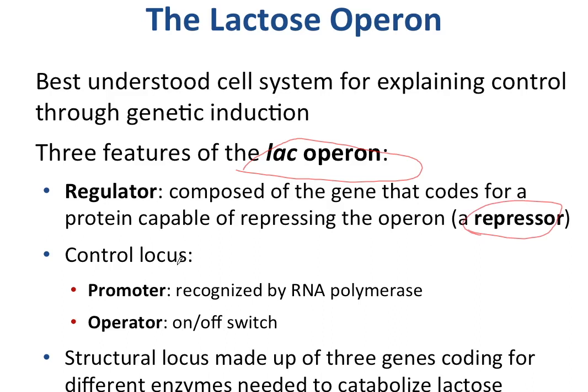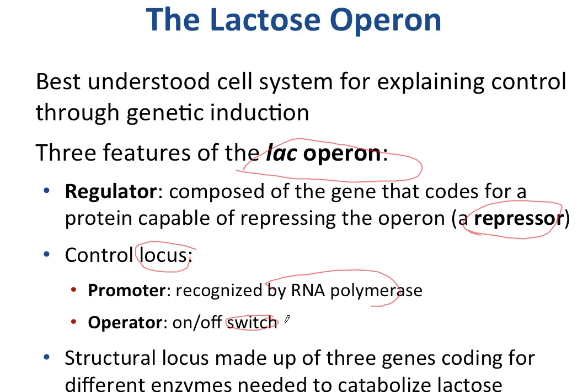And there are two genetic fragments. One is the promoter, another is the operator. The promoter will be recognized by the RNA polymerase, and the operator can be used as a switch to start or shut down the reading.